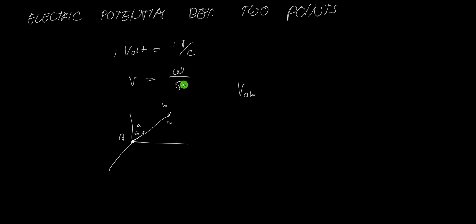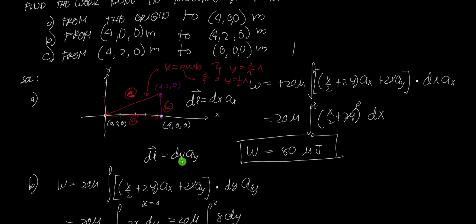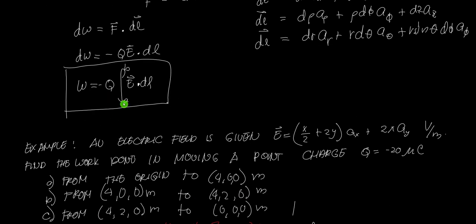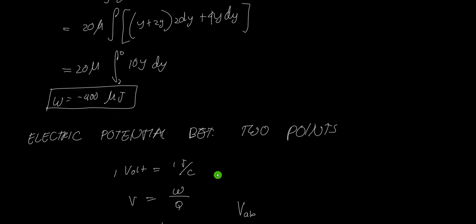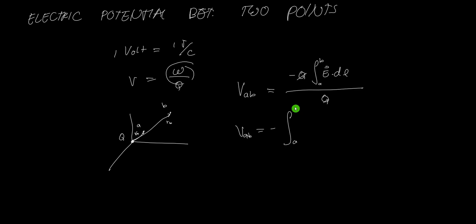And we already know that's equal to W over Q. What is W and what is our Q? Remember our W here is equal to negative Q times the integral of E dot dl from A to B, from this point to this point, all over Q, because that's the formula, W over Q. So this is W, and this is Q, so we can cancel that Q. Therefore, V_AB will be just equal to negative the integral from A to B of E dot dl.